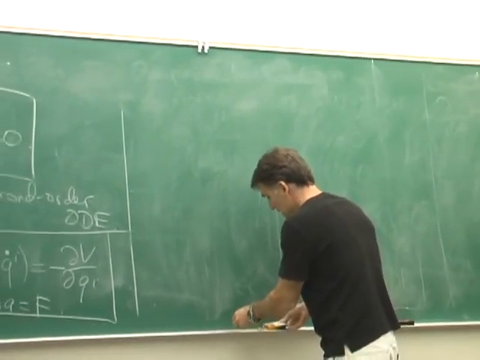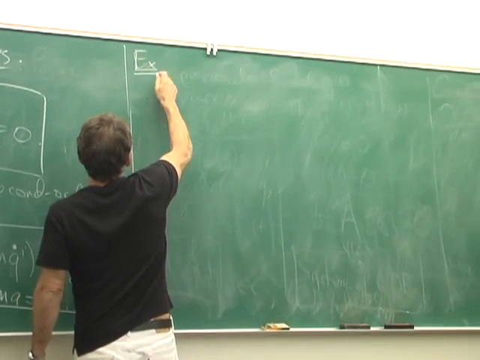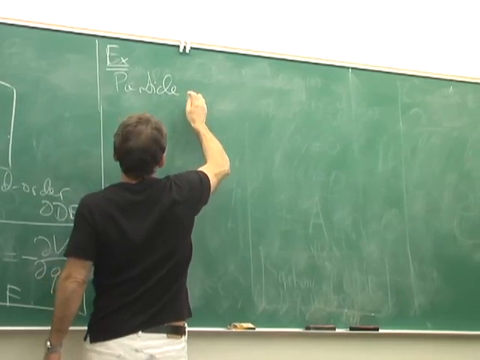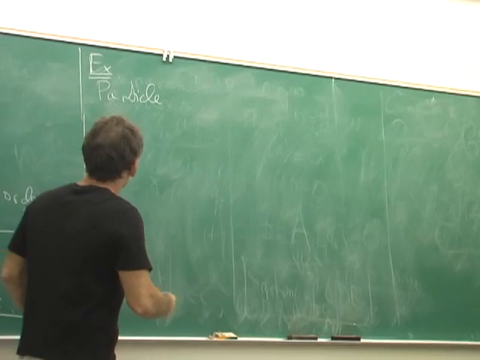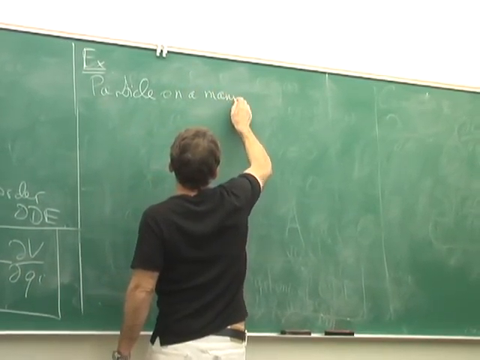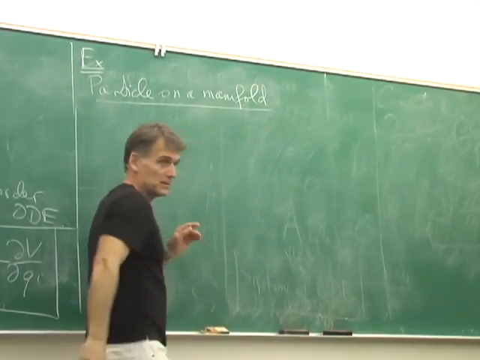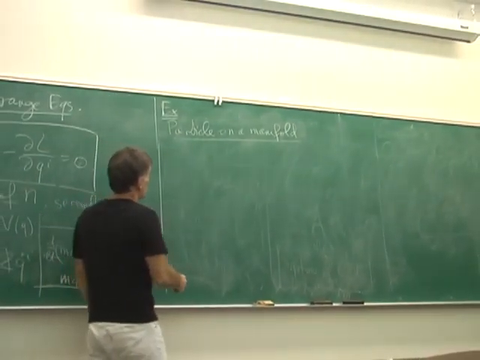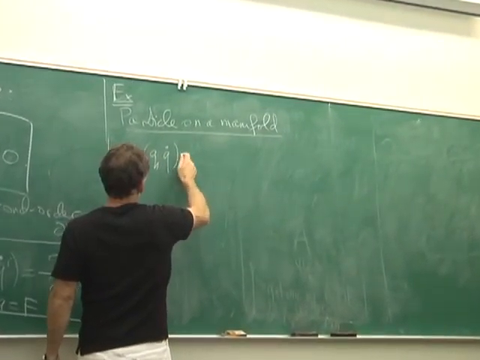So, the example that I was talking about is a particle in a gravitational field or on a curved manifold, let's say, on a random manifold. But I'll explain the geometry later. For now, this will be just some example. Here is your function, the Lagrangian.